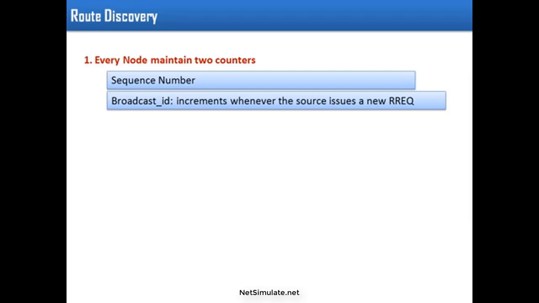In the route request packet, all entries are the same as in DSR, but there are some changes. First, every node maintains two counters. One is the sequence number, which works as a timestamp, and the second is the broadcast ID. Whenever any node sends a route request packet, that packet carries a unique ID. Every node maintains that broadcast ID, and whenever they send a route request packet, they increase this ID. So next time they send a route request packet, it will have another ID.